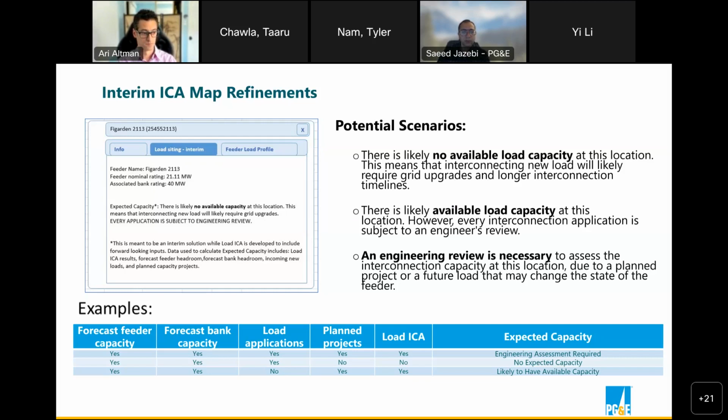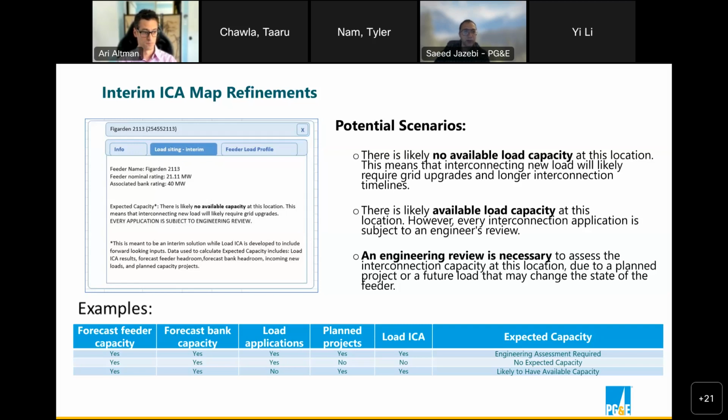And the next scenario is an engineering review is necessary because, for example, we had a planned project, planned load, or planned capacity project. So it needs more investigation with our engineers.